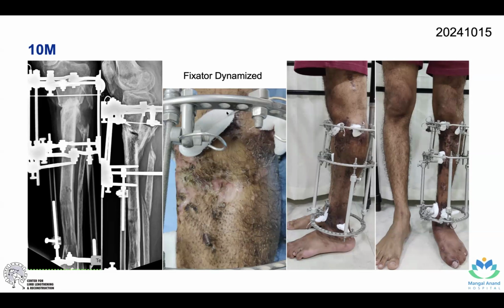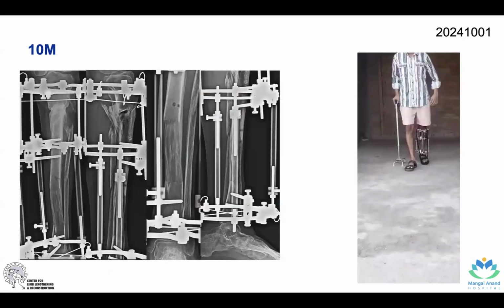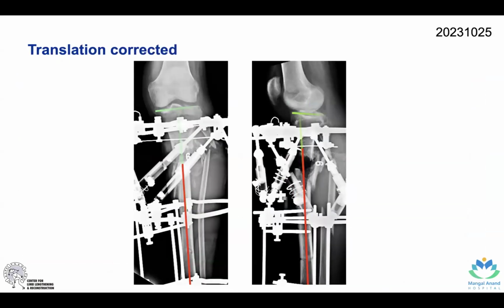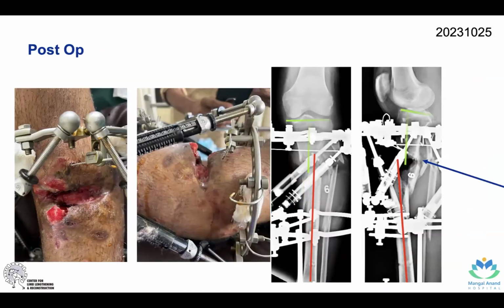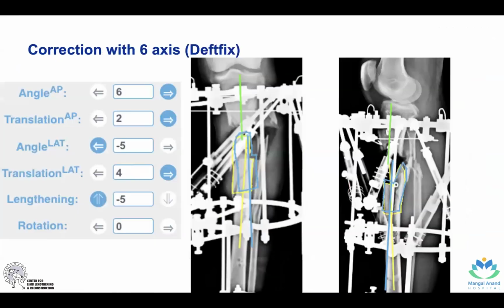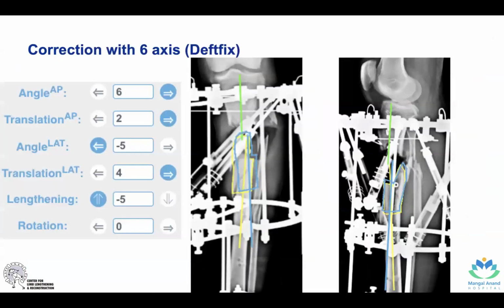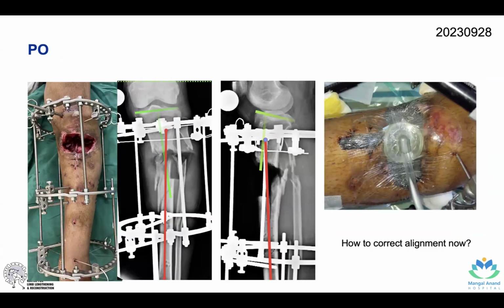That's the advantage of the fixator: if you don't have alignment, just go back. Go back to that initial post-op, Prabhu. Yes, sir. This question of alignment depends on how... go on. Okay, so now that's fine.